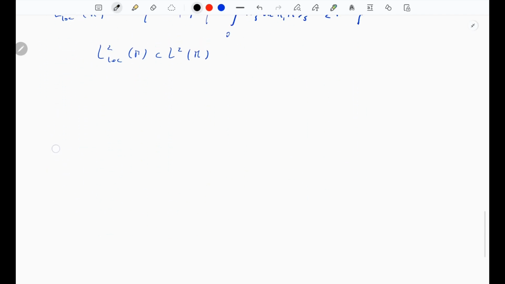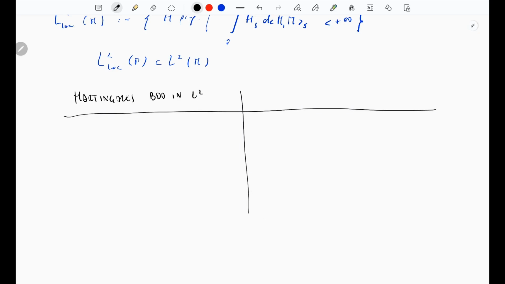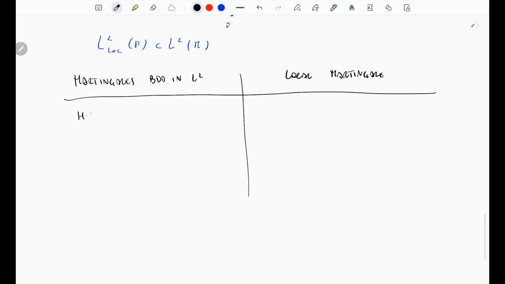So basically, bounded martingales, bounded in L2, against local martingale. Here, the integral is in H2. Here, you have a local martingale.